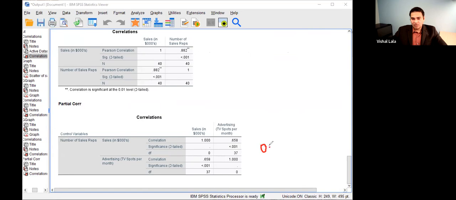Sorry, when we weren't controlling, it was 0.80, and now it's 0.658. So we're seeing, in a sense, an attenuation of the correlation. This is telling me that sales reps did have a role to play, but it doesn't take away from the fact that advertising, even after controlling for sales reps, is an important associated variable for sales.